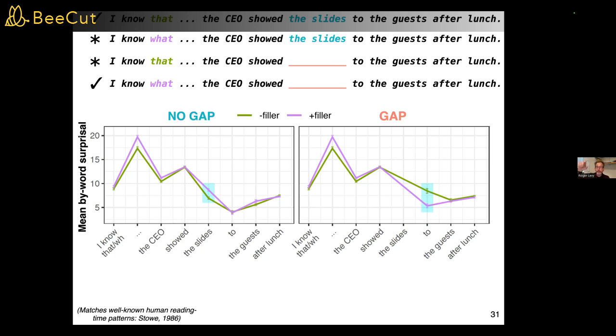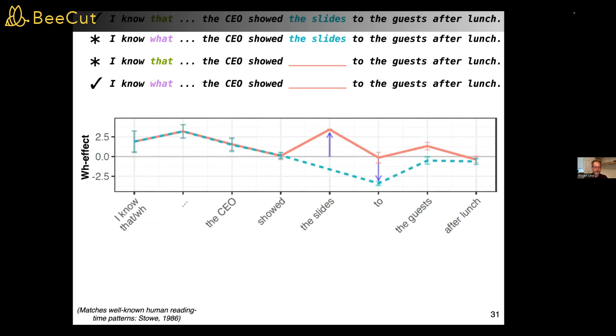Now, if I take the difference scores of the surprisal, word by word or region by region, in each graph, and represent them as a single line where 0 would be the same surprisal with or without the filler, I get the following interaction pattern. You can see that what doesn't matter earlier on, but when you get to either the object itself or, if there were no object, the immediate next word, then you see an interactive pattern.